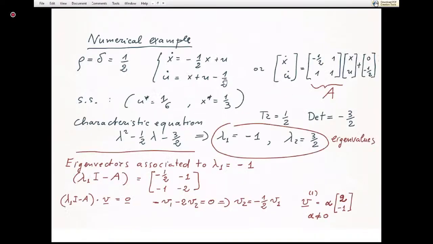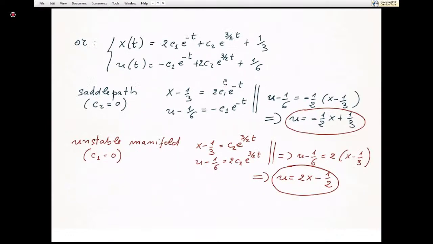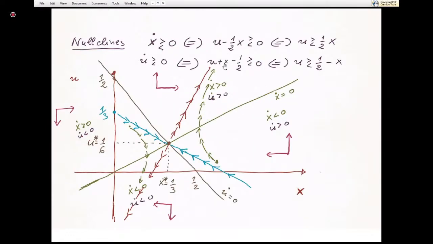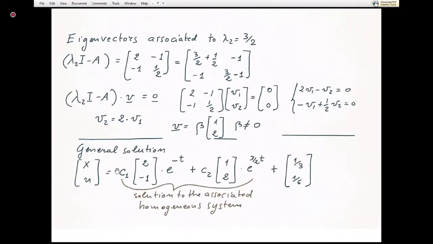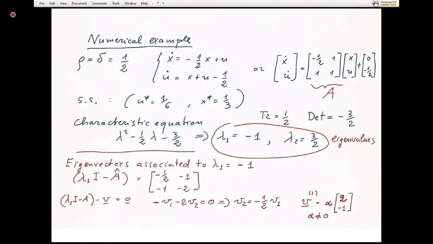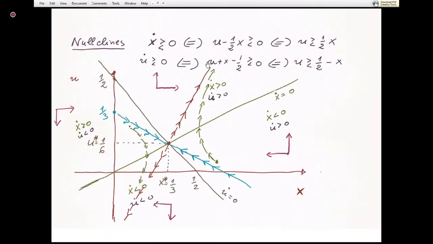So the first is minus 1/2 x plus u. If you set this equal to 0, you get u equal to 1/2 x, which is here.